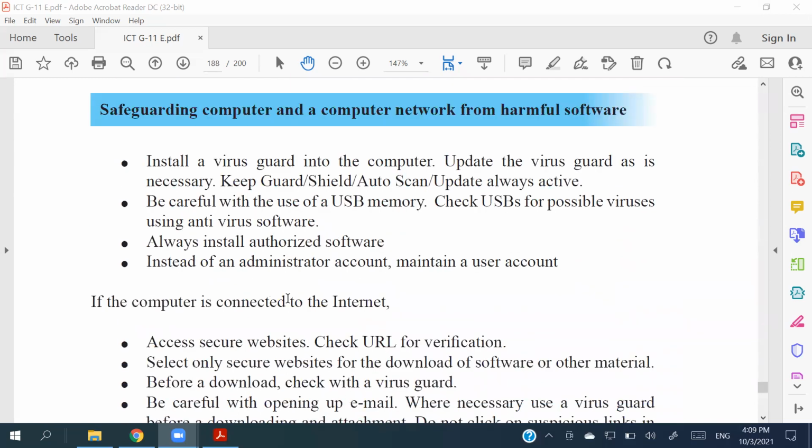So the next one is safeguarding a computer and a computer network from harmful software. They are talking about installing a virus guard and keeping it up to date. When you are using USB memory sticks, you have to be very careful, checking the particular USB stick for viruses using antivirus software, right? And always install authorized software, not unauthorized ones. And instead of administrator accounts, it's better you go through user accounts.